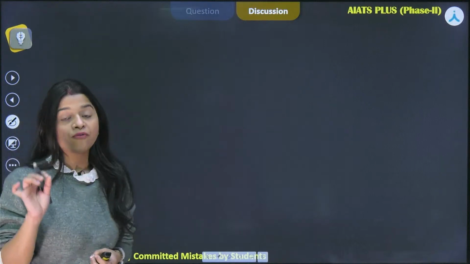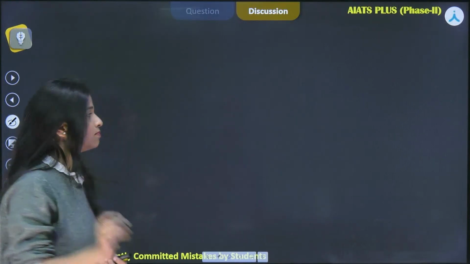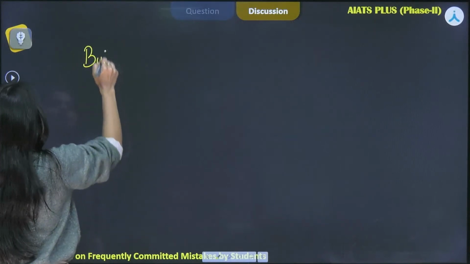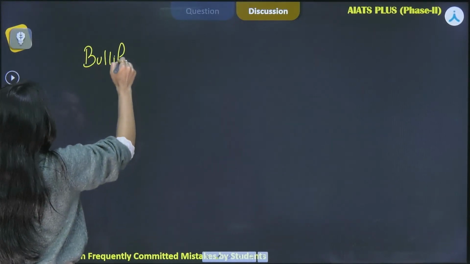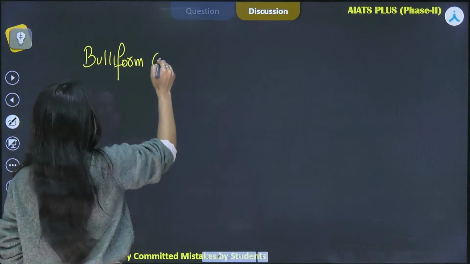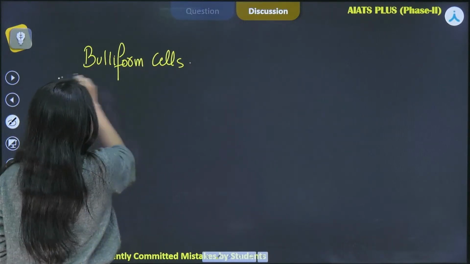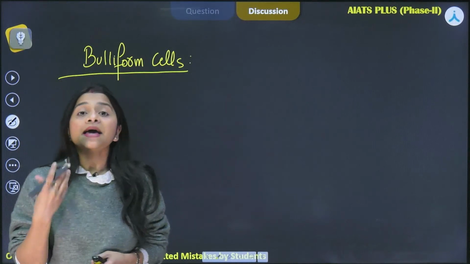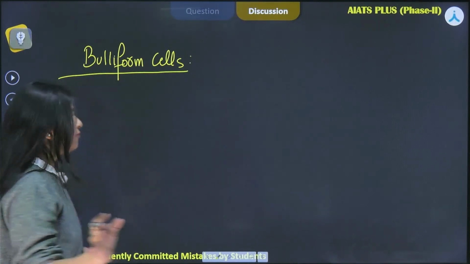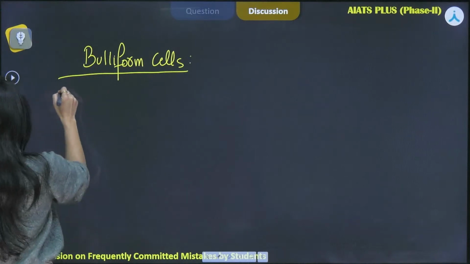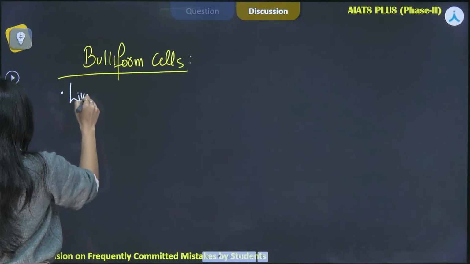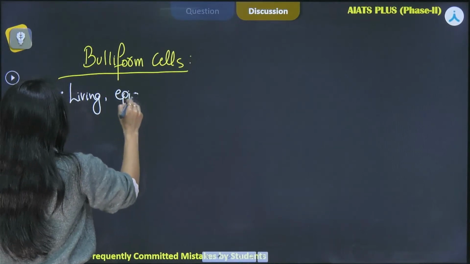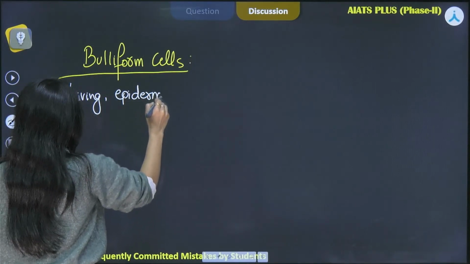This is also a very important topic, bulliform cells. Let us understand what characteristic features you have to keep in mind. First of all, these are living epidermal cells. Obviously they are present on the epidermis.